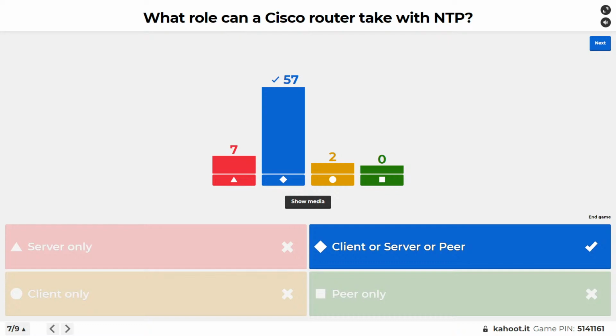All right. It can be a peer where two devices negotiate with each other and they average out the time between them. They can be a server, they can be a client, they can do it all.